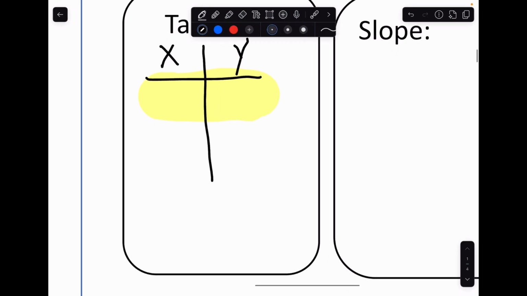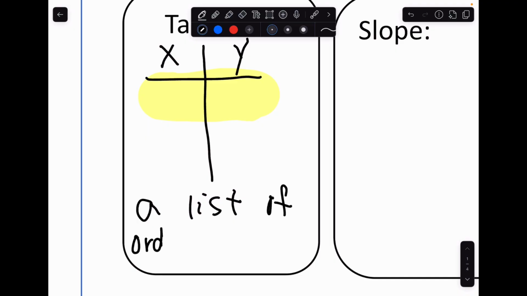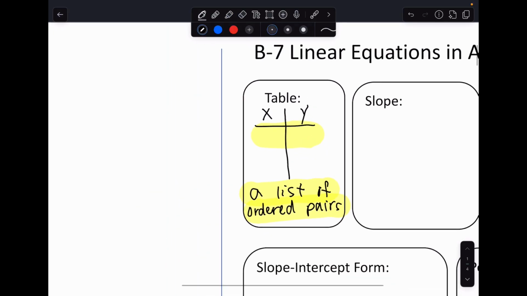Okay, so a table is a list of ordered pairs. It just lists it in X and Y form, okay, which can be helpful. All right, so that's our table. We'll see an example of it later in this lesson.